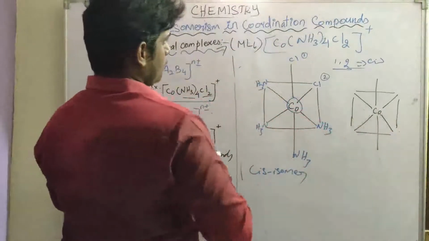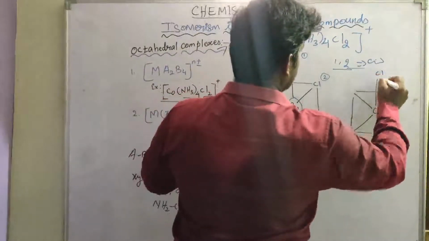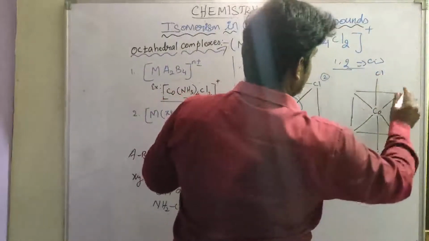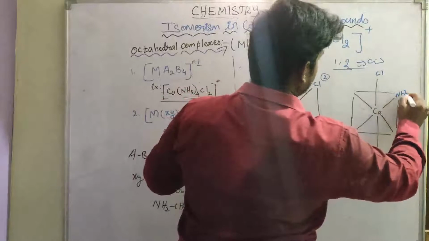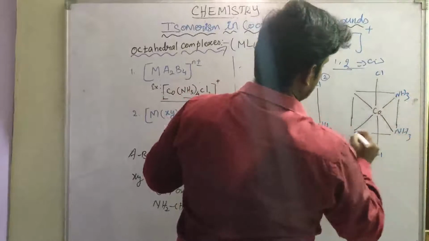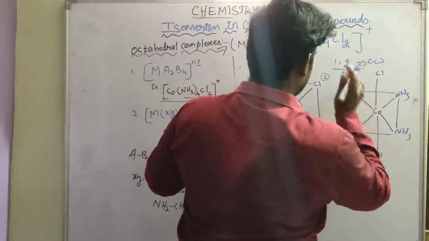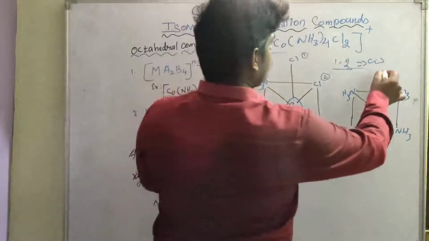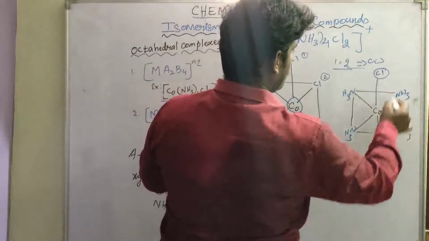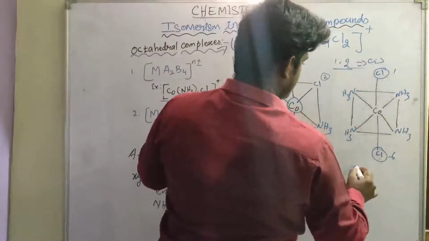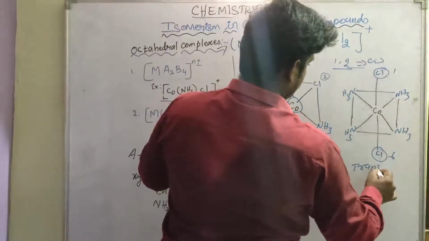Now, here we have 2 Cl, 1 Cl, 1 Cl, and NH3, NH3, NH3, here also NH3. The two chlorido ligands at positions 1 and 6 form a trans isomer.